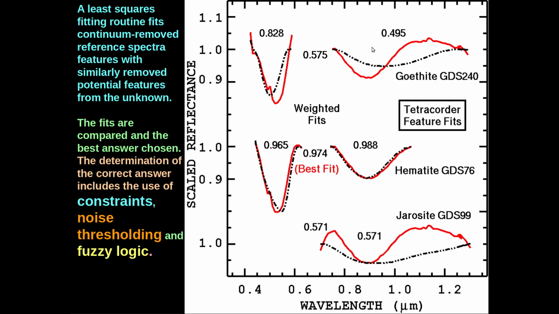So the overall fit, there are two absorption bands here, and we use the area of the continuum removed reference spectrum as a weighting to weight these two and come up with a weighted fit. So 0.575 for goethite, 0.97 for hematite, and 0.57 for jarosite. So the best fit in these three cases is hematite. The spectrum Tetracorder would call that pixel containing hematite.